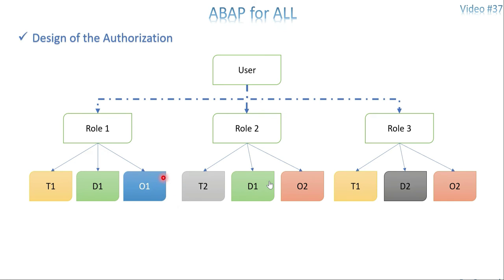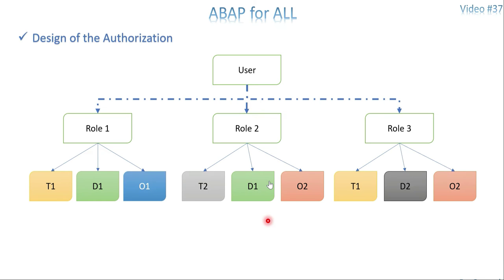Some other object may be mapped with only one role, another object is mapped with role 2 and 3, and another transaction is mapped with role 2. So these are the combinations of how the authorization object is mapped with the role.